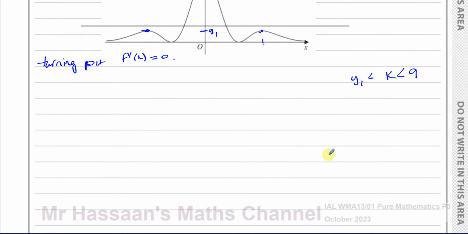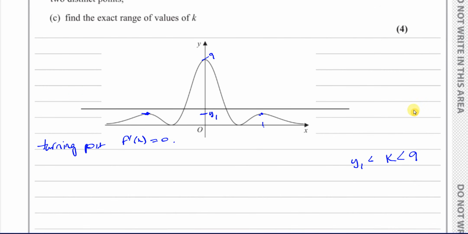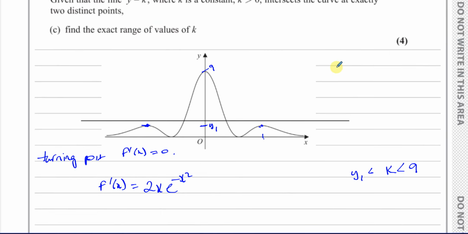All right, so now let's have a look. We've got f of x equals... So f dash of x, as we said, is equal to 2x times e to the power of minus x squared. In fact, they said 2x squared minus 3.